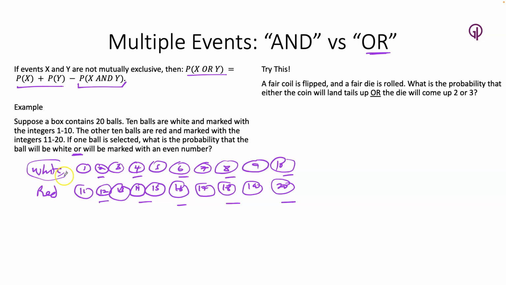So all these balls are white, and all these underlined balls are what? Even. Now, the challenge here is that there are some white balls that are also what? Even.